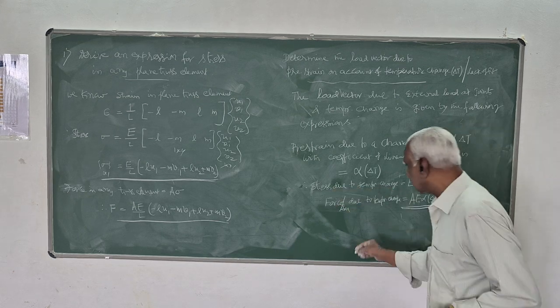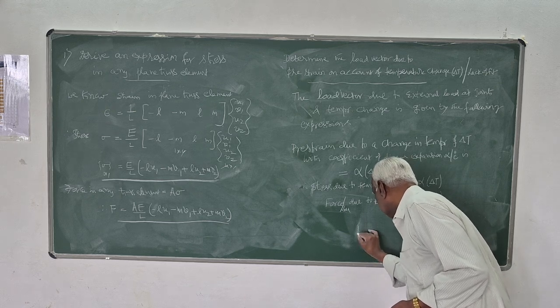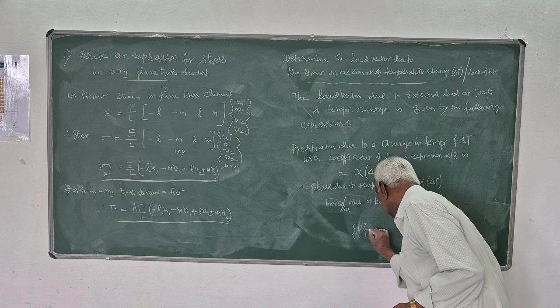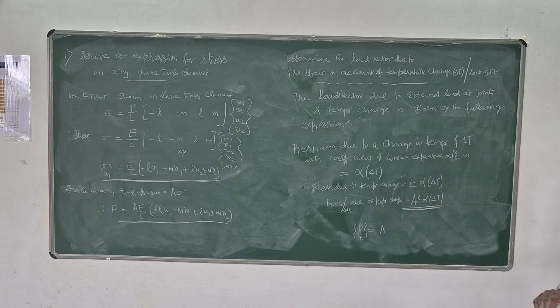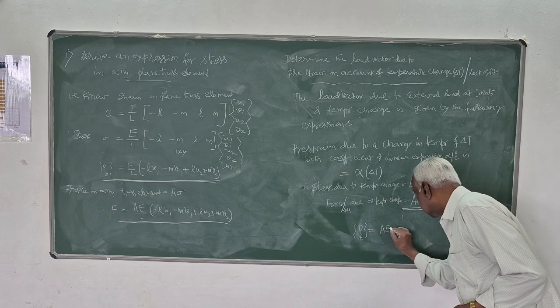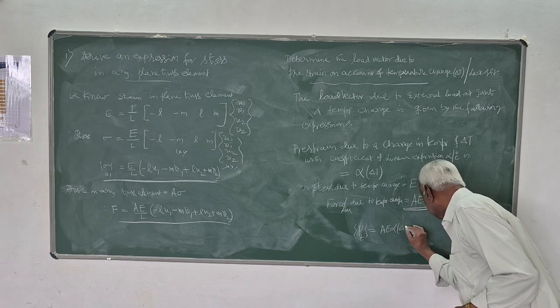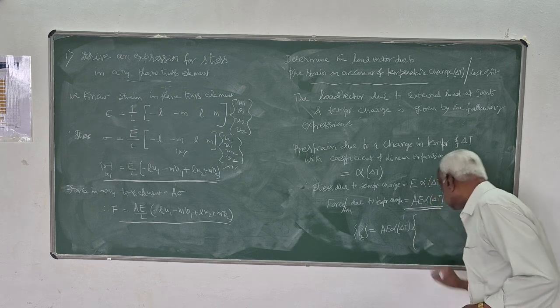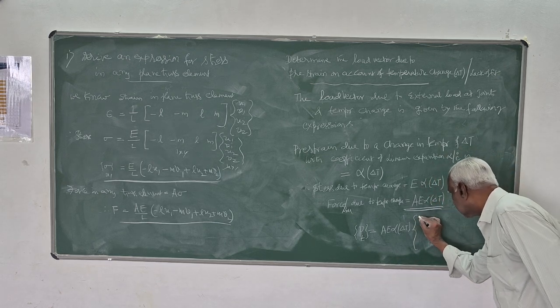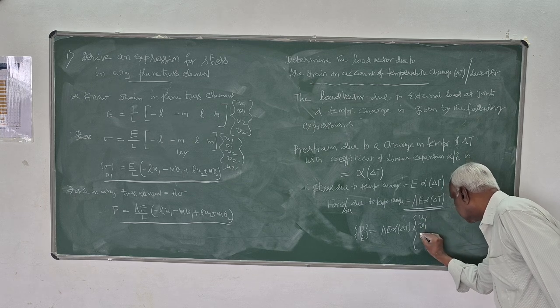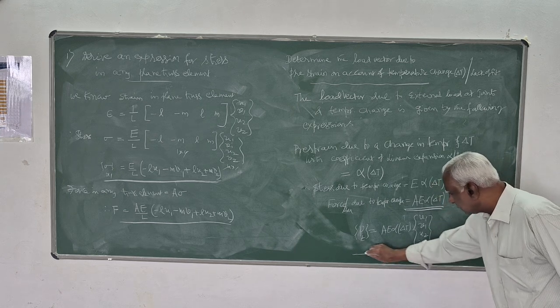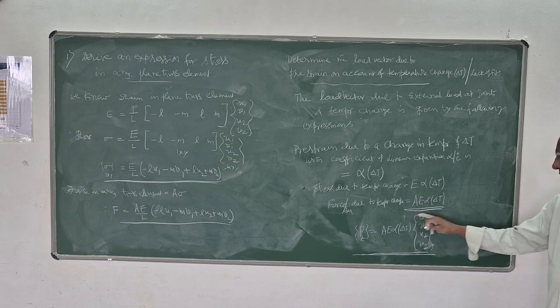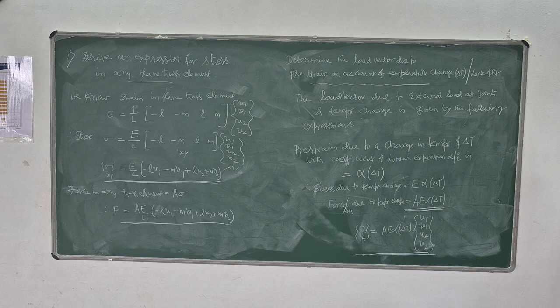Therefore, the load vector due to temperature change, Pt, is given by A E alpha delta T into the vector, so you have to multiply by the corresponding U1, V1, U2, V2.